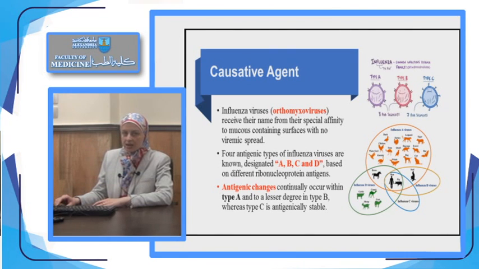There are 4 antigenic types of influenza viruses, designated A, B, C, and D, based on differences in their ribonucleic nucleoprotein antigens. As we all know, antigenic changes are characteristic for influenza viruses. Antigenic changes continually occur most commonly within type A and to a lesser degree type B, but type C is antigenically stable. Type D does not infect humans so far.